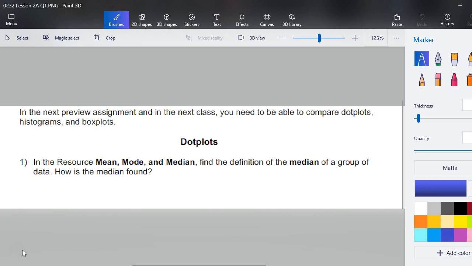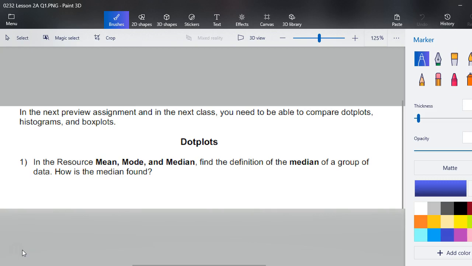Before we begin with dot plots, go ahead and hit pause and find the resource mean, median, mode, and range, which is in my math lab under student materials to print, then the in-class student notebook, and scrolling down, you'll see mean, median, mode, and range. Go ahead and find that, but before you do, question 1 says, find the definition of median of a group of data and how is the median found?